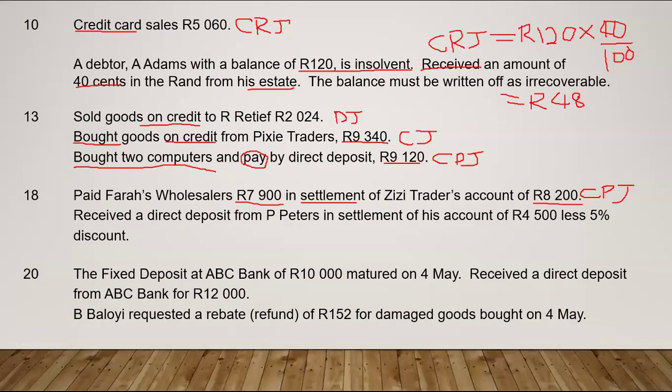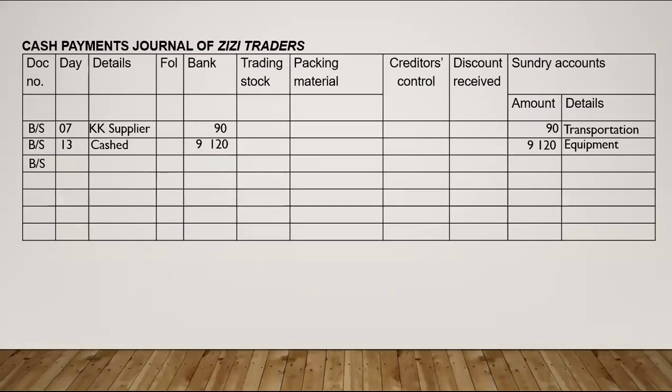Yes, we paid Farah's wholesalers. So we'll have 22. Then Farah's wholesalers. And bank, we have 500.